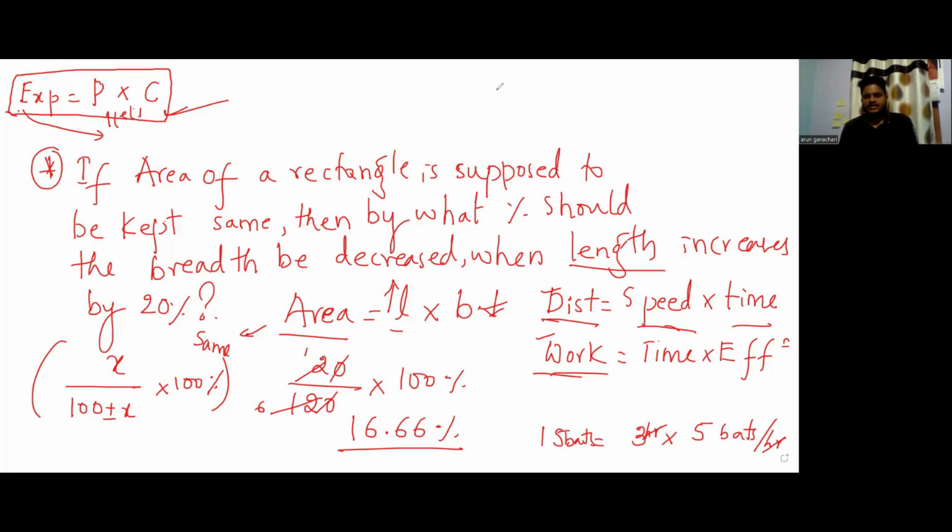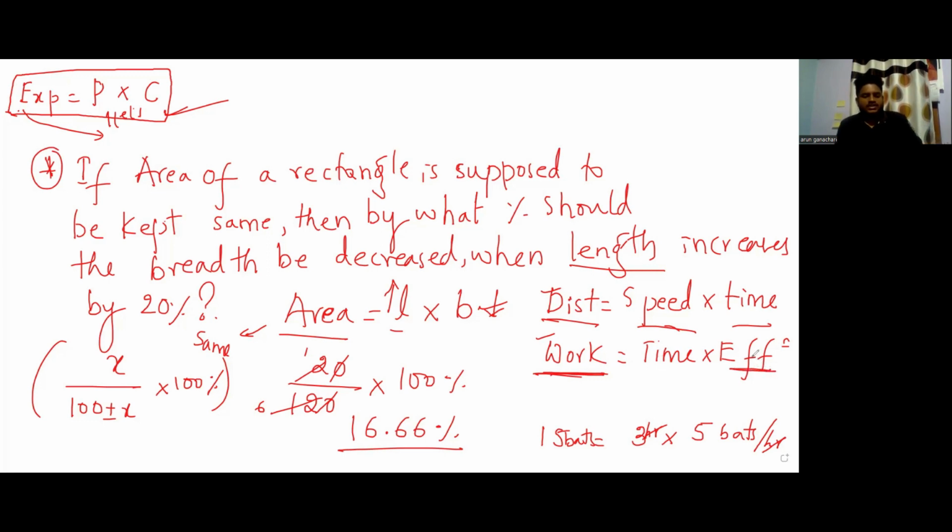Take down the same homework actually. If work has to be kept constant, write down a question, very similar. You can manage this, I think. If work has to be kept constant, then by what percentage should the efficiency be increased?